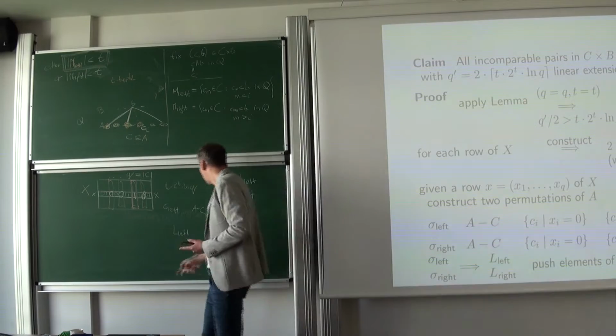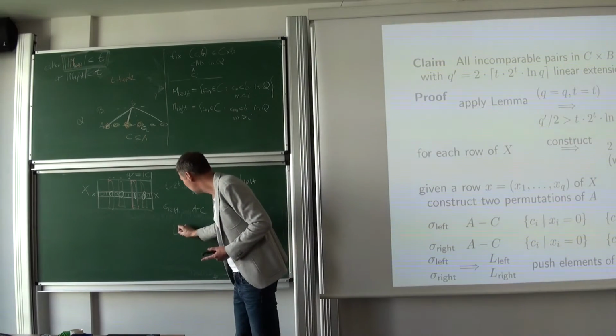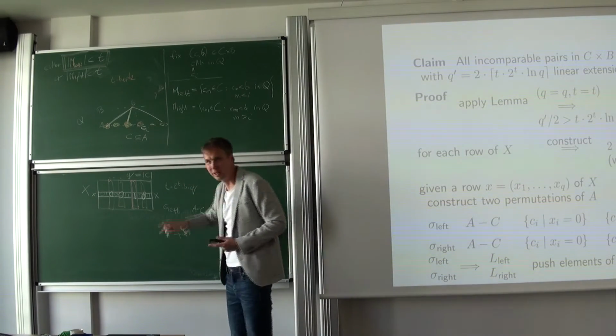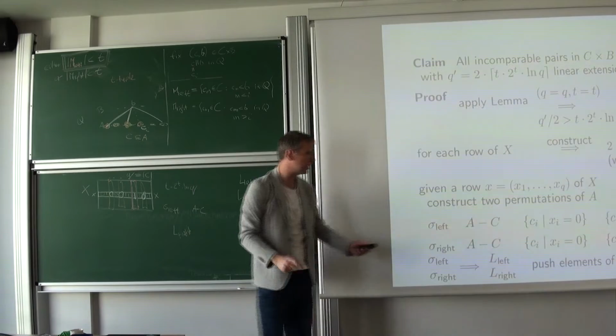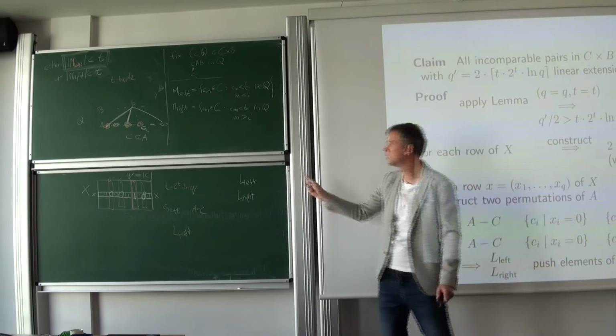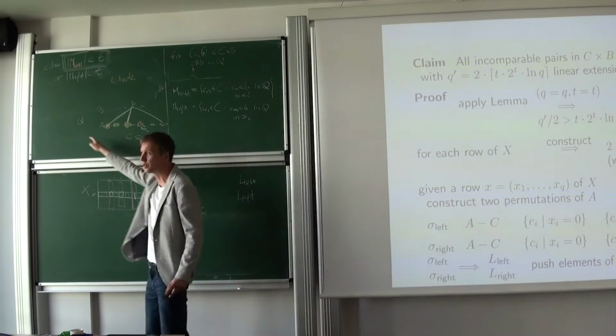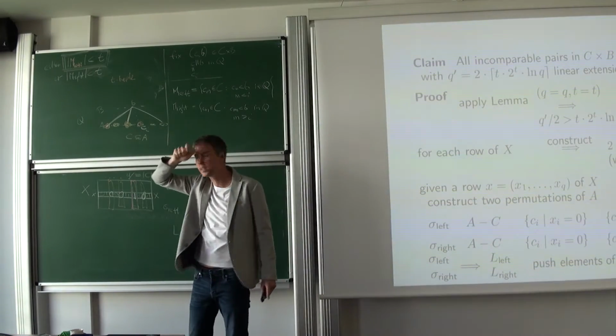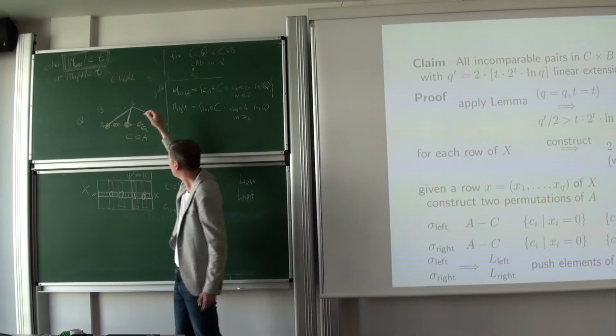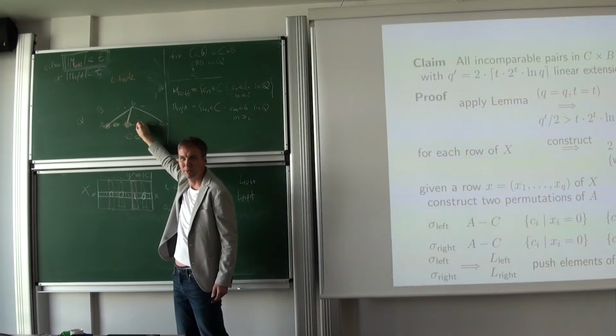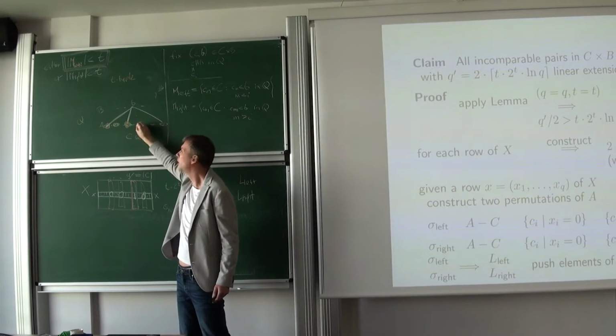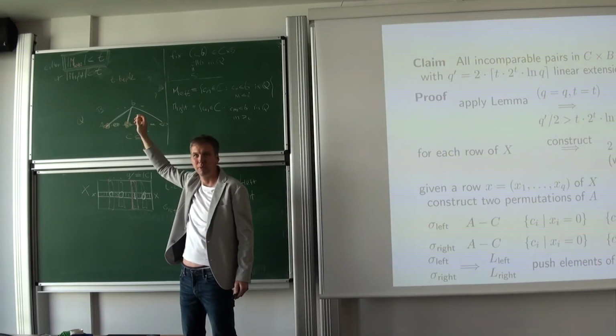Yes. So let's look at L right, just because still the Ci stays in this set, of course. But now I want this set to be listed from left to right. And now I push my B, and I want to get below C. So what can stop me?